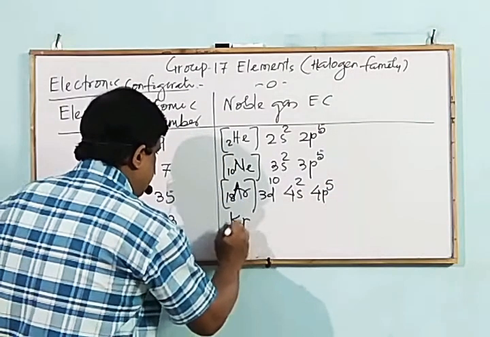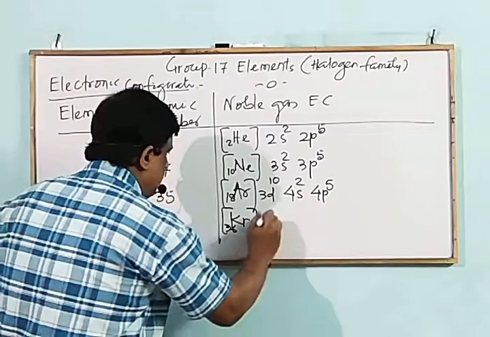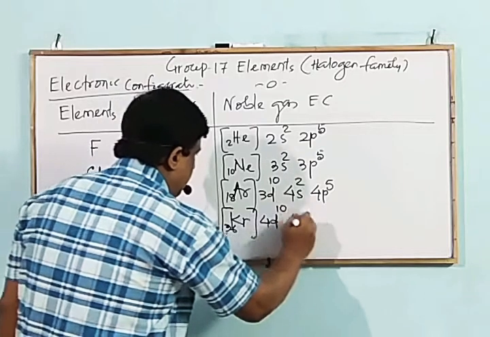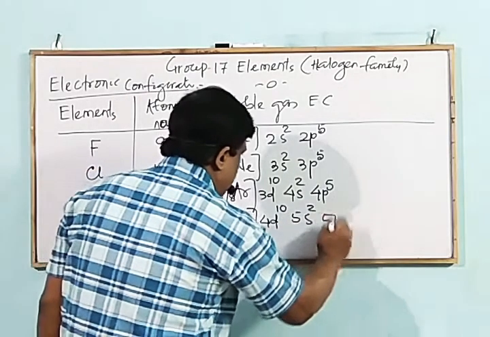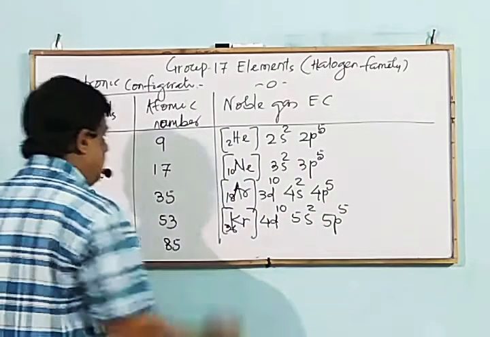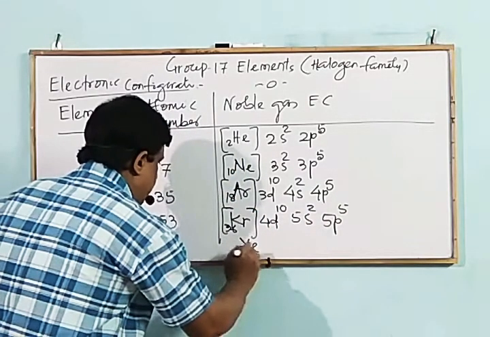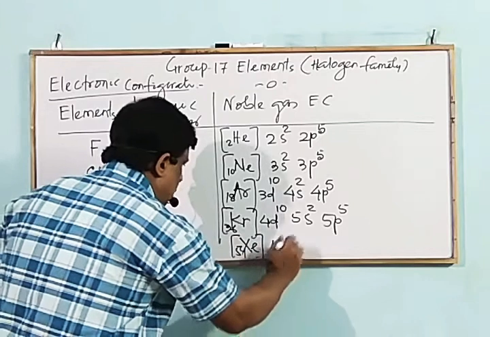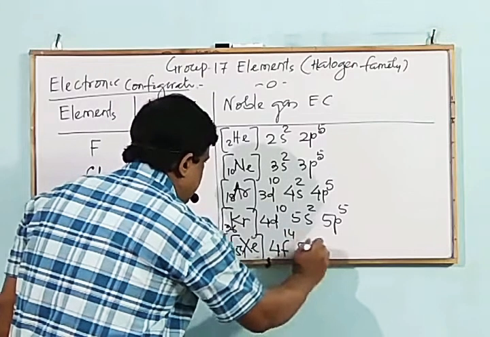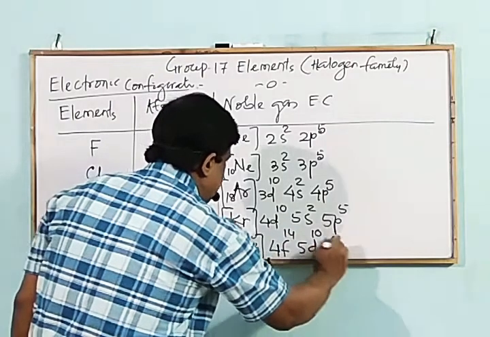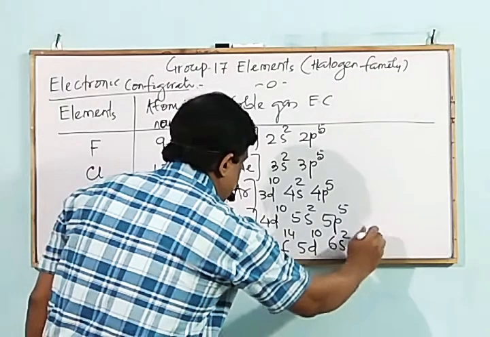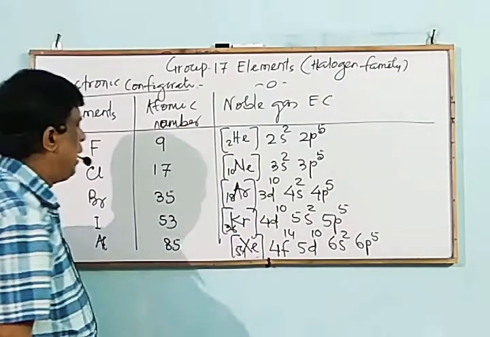Then krypton 36, 4d10, 5s2, 5p5. Last one xenon 54, 4f14, 5d10, 6s2, 6p5. Mark that.